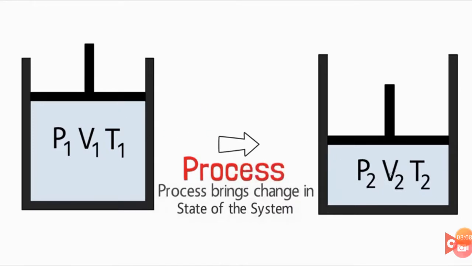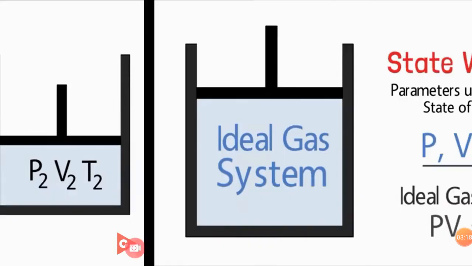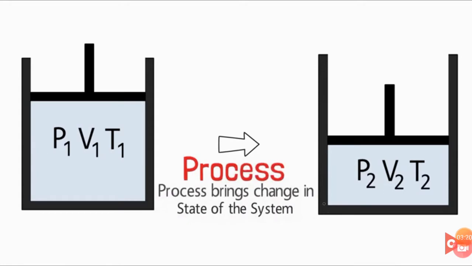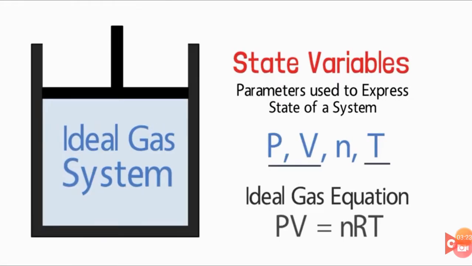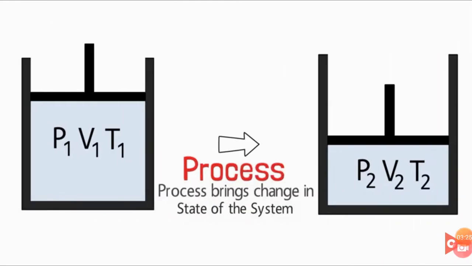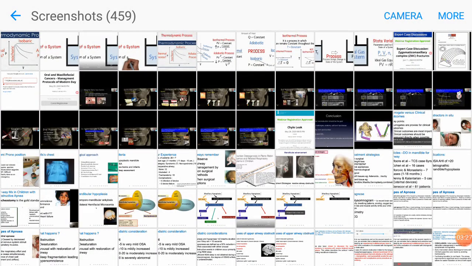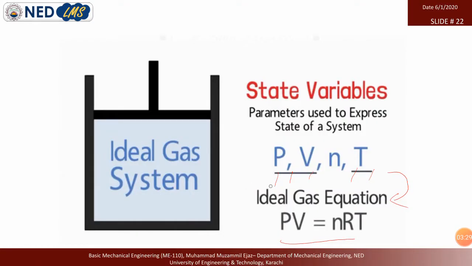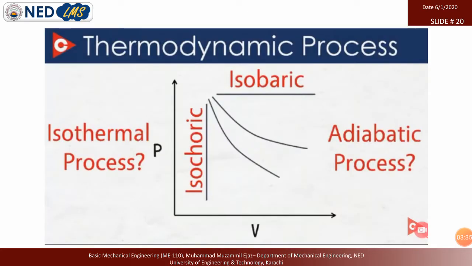On the expense of decreasing volume, the pressure will definitely rise if it is an isothermal process and the temperature is constant. Okay, now by these state variables we are going to study the isobaric process, isochoric process and adiabatic process.